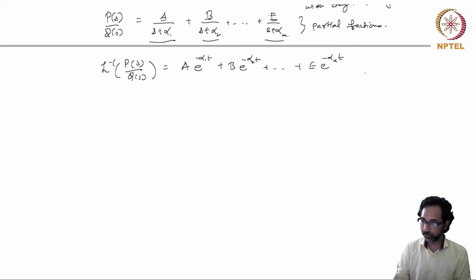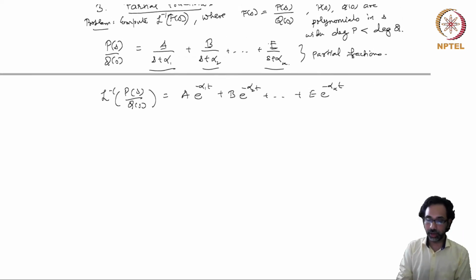So by reducing our problem again, but this time to a very easy form, which is some constant over s plus another constant, we can immediately find out what the inverse Laplace transform is.